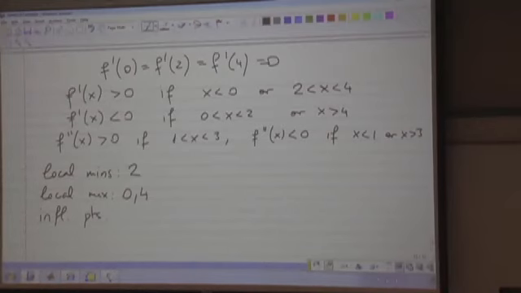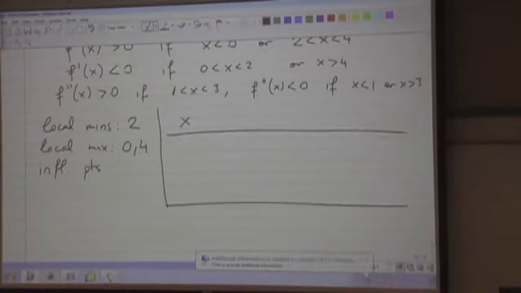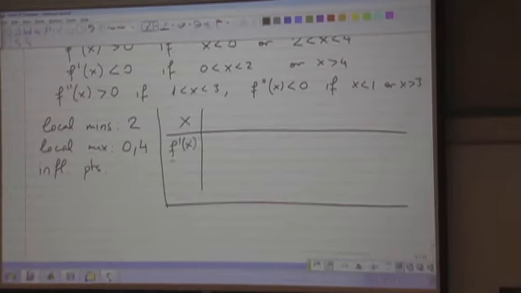Would you like the arrows better? Maybe that would be better, because you seem to be kind of confused. So let's take an aside and think about what we're actually talking about. Maybe this will shed a little more light on the subject. I have 0, 2, and 4. My first derivative is 0 at all these points.